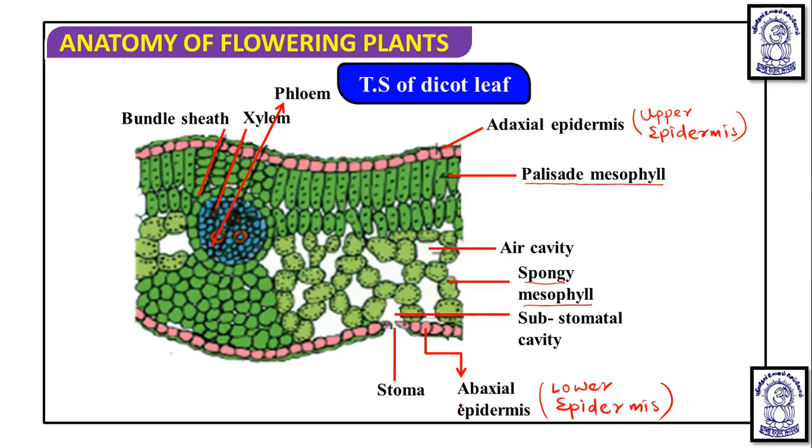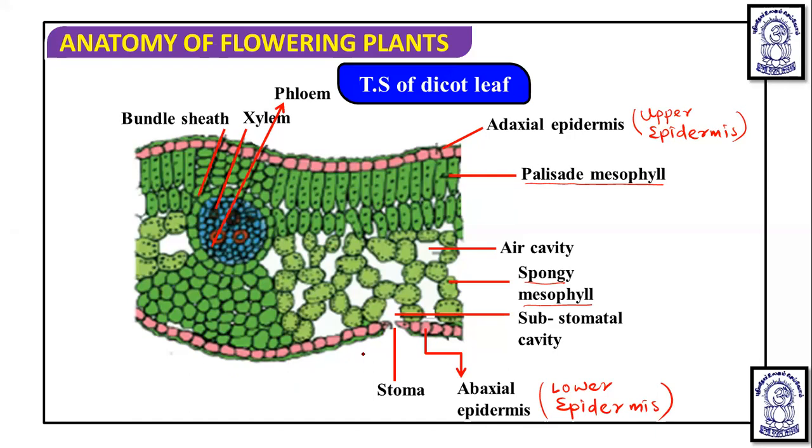Now, in a dorsiventral leaf, the number of stomata on the lower epidermis is more than on the upper epidermis. There is no space in the palisade mesophyll, but spaces are found in the spongy mesophyll. The number of stomata is more on the lower, abaxial epidermis compared to the upper epidermis, so there is a difference in the dorsal and ventral surfaces in the number of stomata.